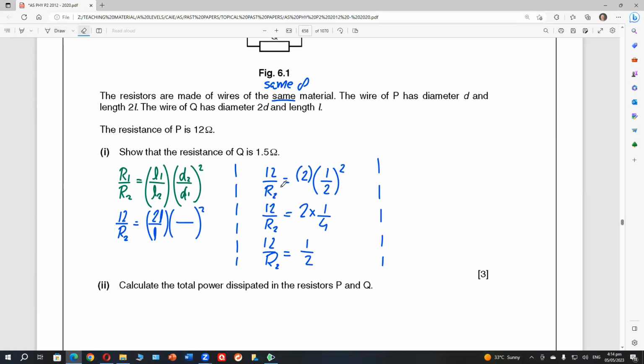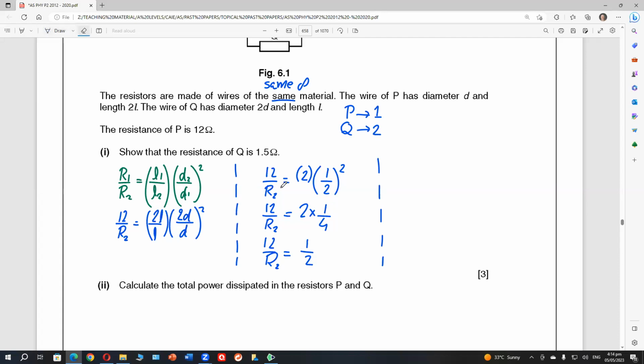So how would we know where to put which value? You can call anyone as 1 and anyone as 2. So I have taken P as 1, and it's a ratio, so you can take any choice. But I had inserted the value in the wrong way. It's D2 upon D1.